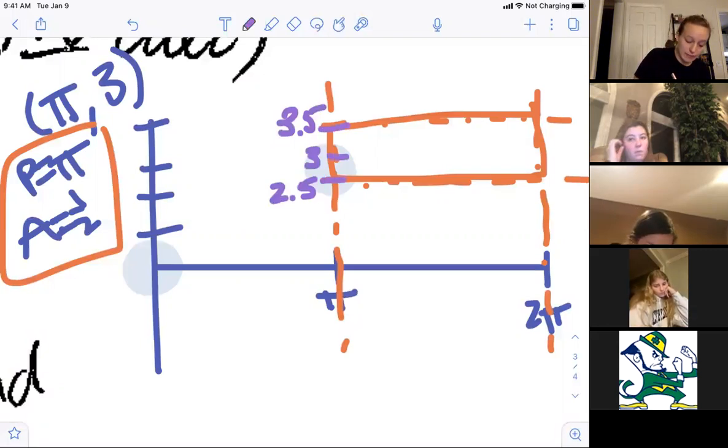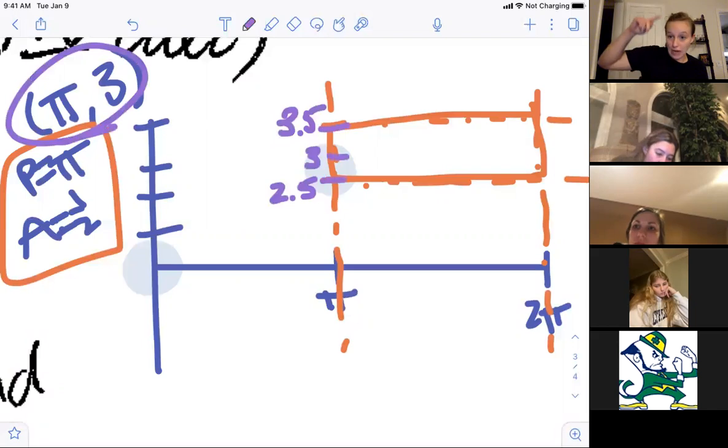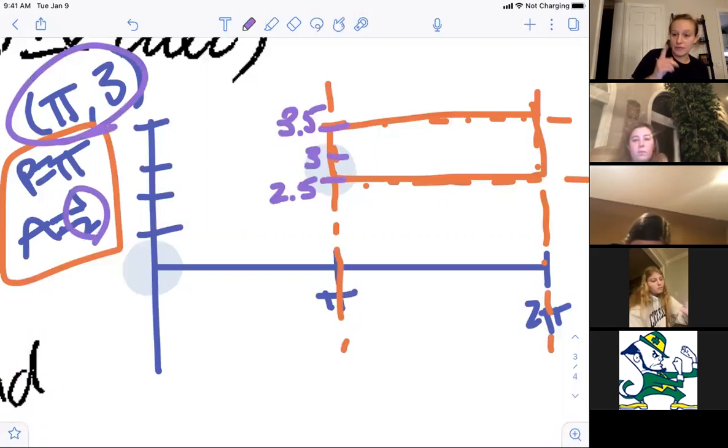I'm basing it off of my new origin, which means that we moved up 3 units. So that's why my middle is now at 3. And then my amplitude is 1/2. So I have to go 1/2 above 3 and 1/2 below 3 from my new origin. Okay. Those are good clarifying questions. Any other clarifying questions before I put my cosine in here?